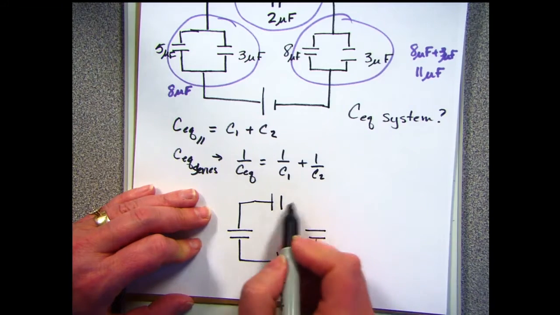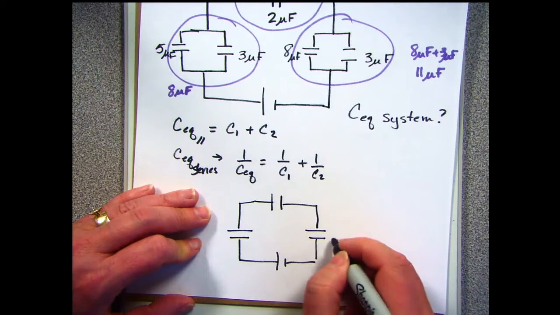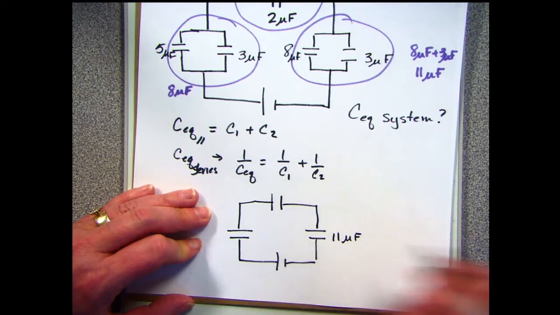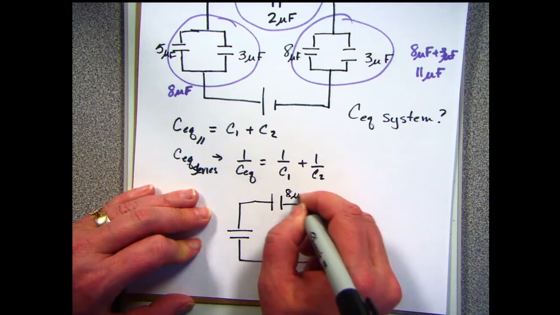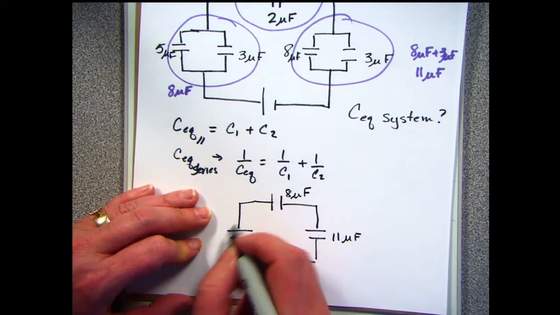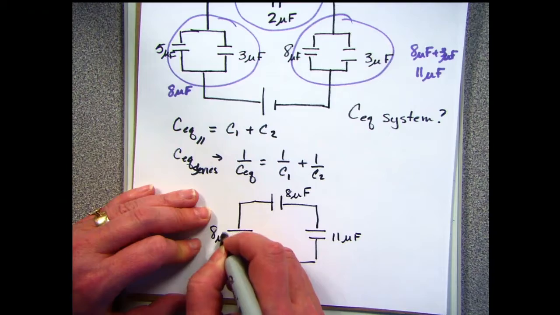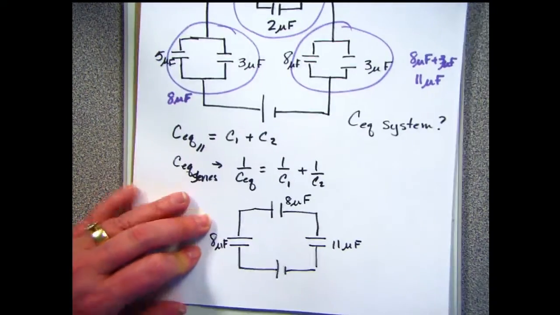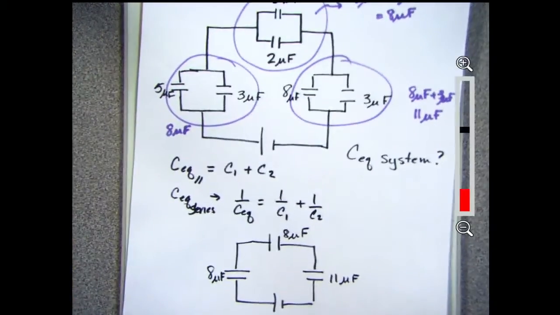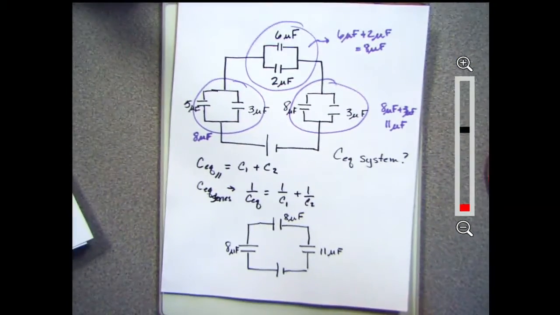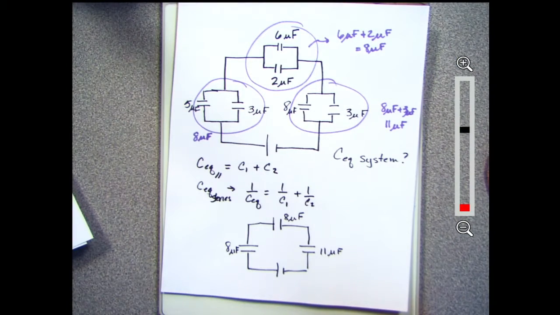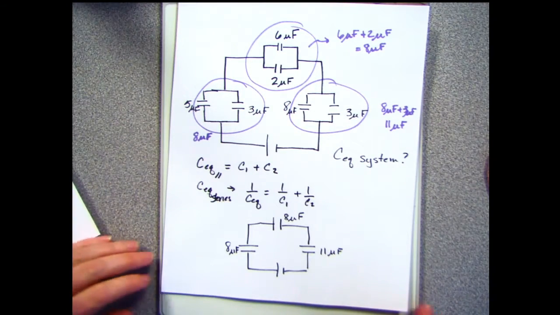And this one was 8 microfarads. So these two pictures are equivalent. If I've built a device, I can build the device this way or this way, and they're going to work the same. So I have those capacitors there.